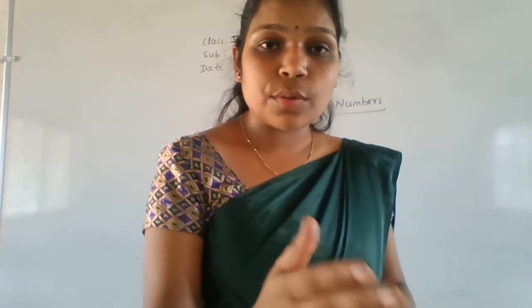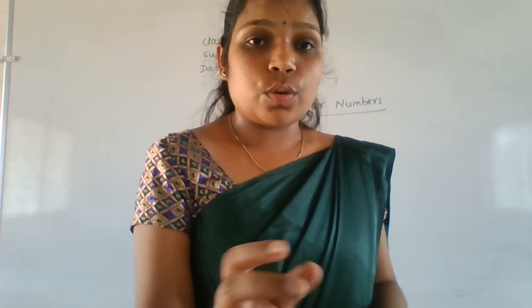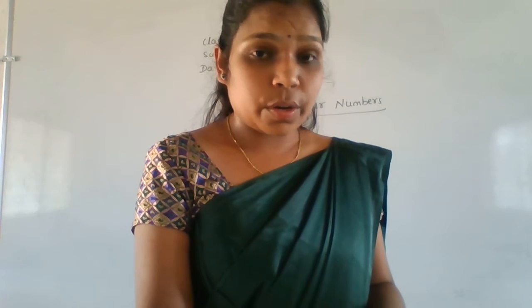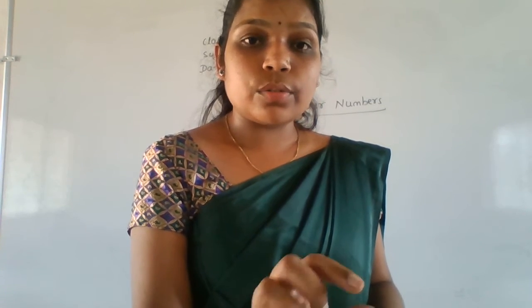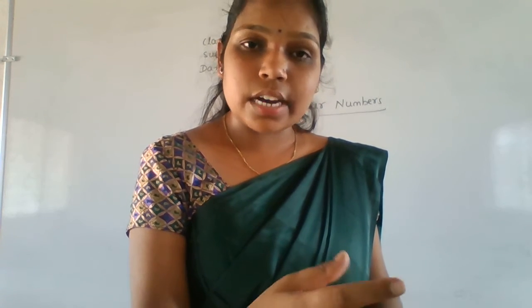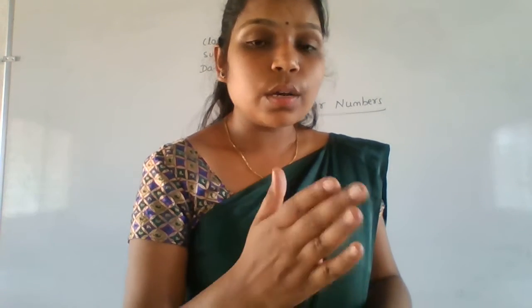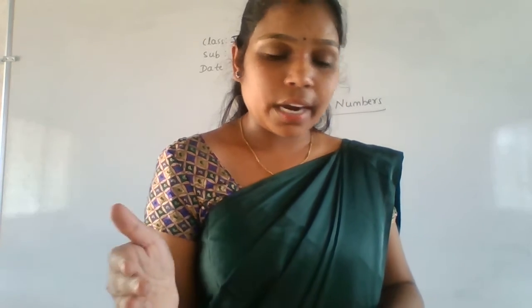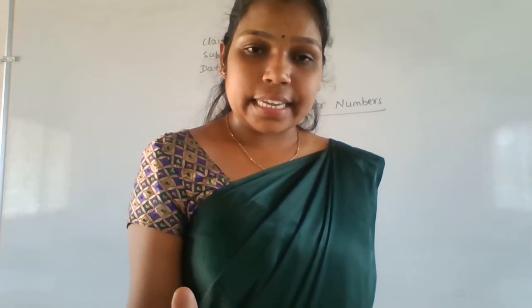Ascending order is nothing but writing from smallest to biggest. Whatever numbers are given, you have to observe them, first write the smallest number, after that the next smallest. Smallest to biggest is called ascending order.